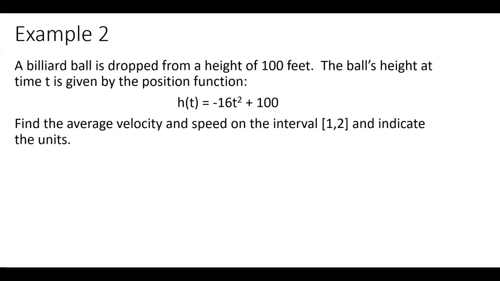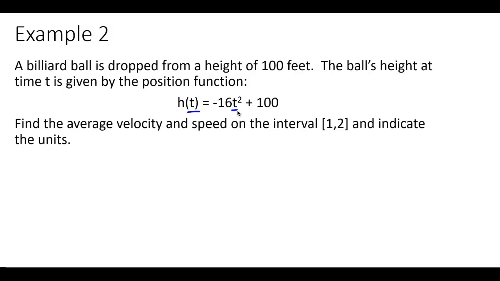All right, let's take a look at this one here. A billiard ball, that's a pool ball, is dropped from a height of 100 feet. The ball's height at time t is given by that position function there. So in other words, if I plug in a time, it will tell me how high up the ball is at that time. That's a position function. They want me to find the average velocity and speed on the interval from 1 to 2, and they want me to do the units.